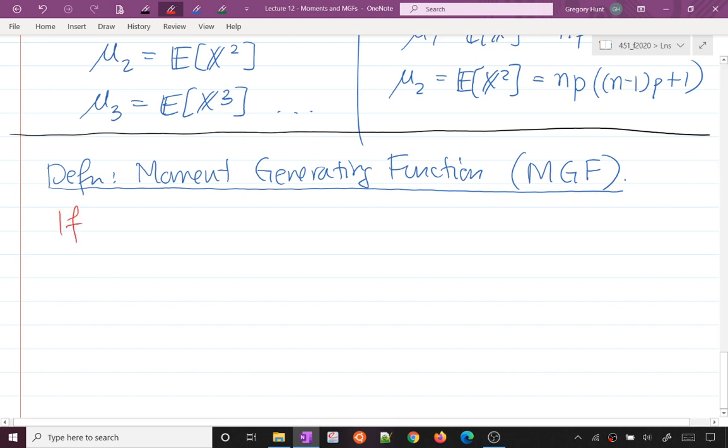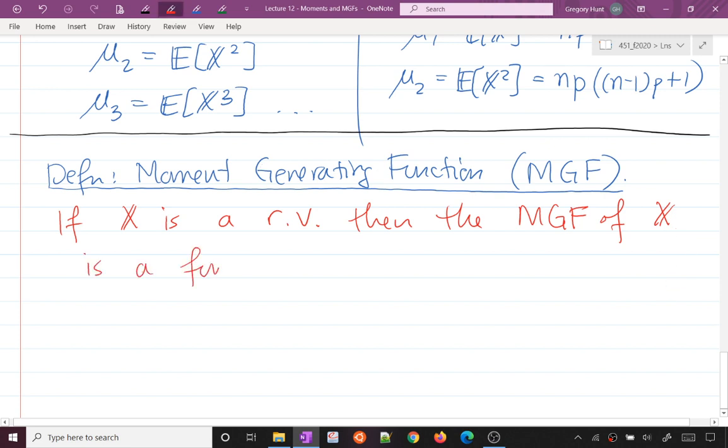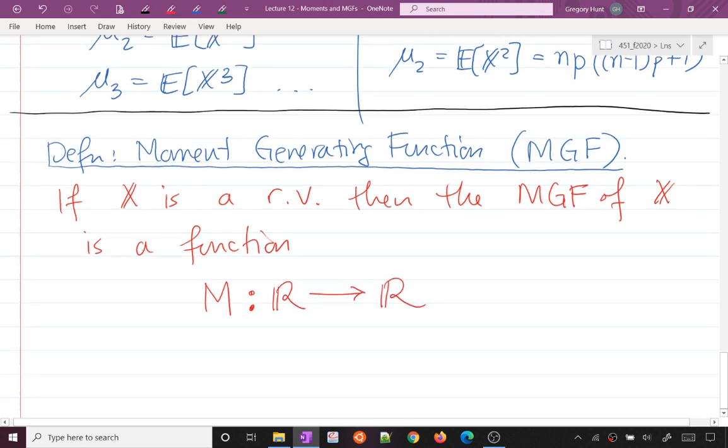If I have a random variable, so X is a random variable, then the MGF of X is a function, and typically that function is denoted with M for MGF, and it's a real valued function. So it's going to take in numbers, and it's going to spit out real numbers, okay?